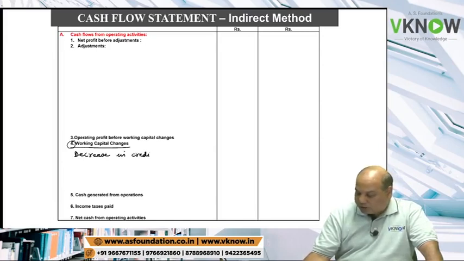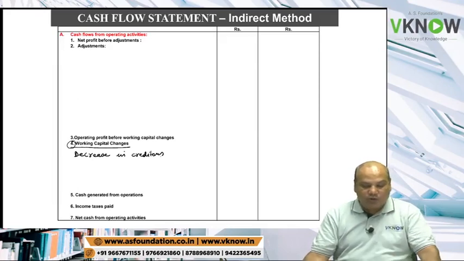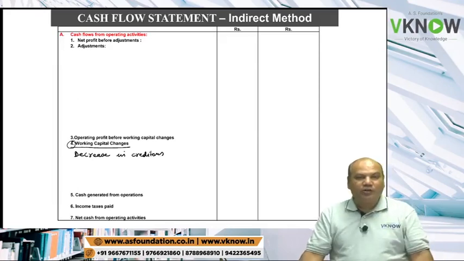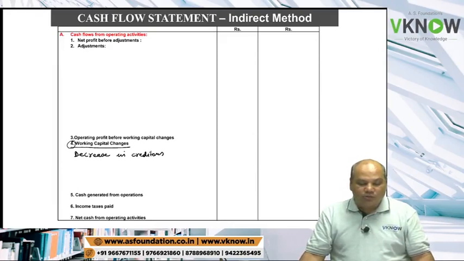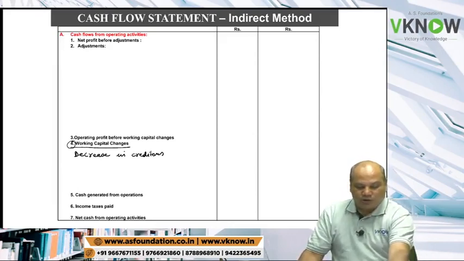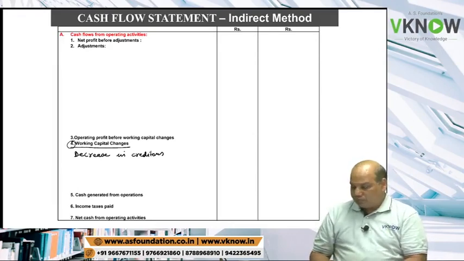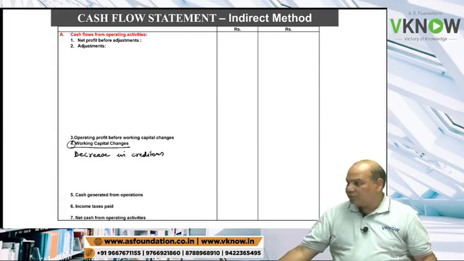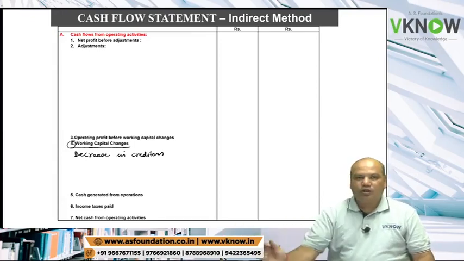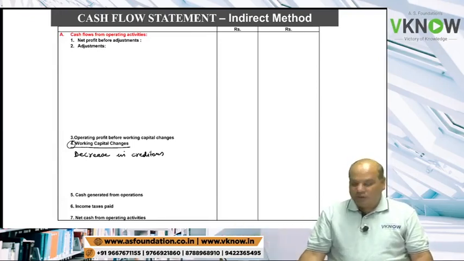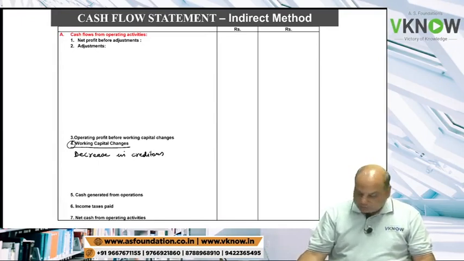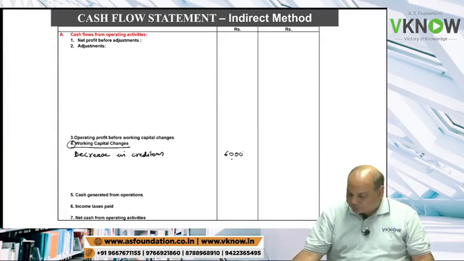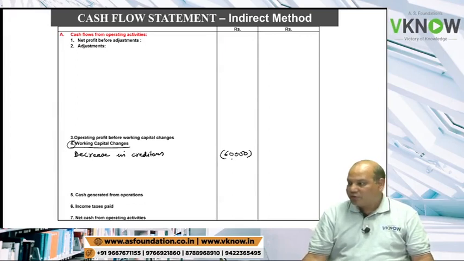Decrease in creditor is a decrease in cash flow. So you will write in bracket 60,000.